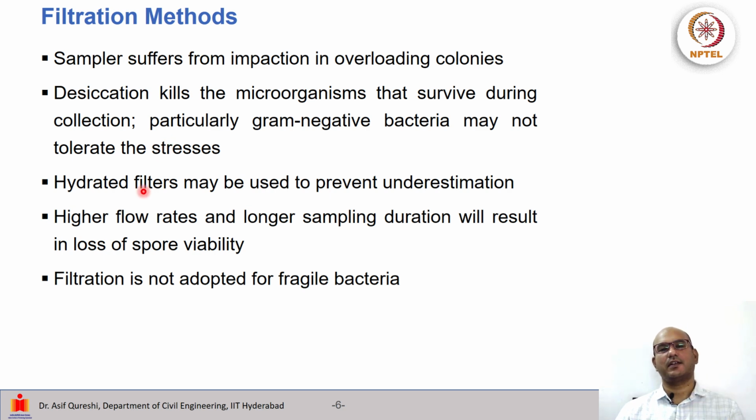So if we can have hydrated filters, they may be used to avoid this issue and prevent the underestimation. Sometimes higher flow rates and longer sampling duration can result in loss of spore viability. Also, filtration is not adopted for fragile bacteria.